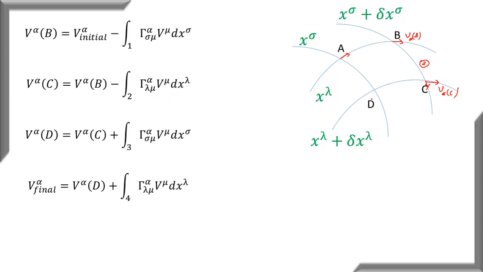Again, V alpha at D, that is when I parallel transport the same vector to D, what I will get.